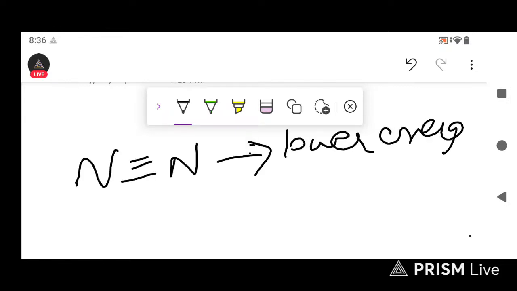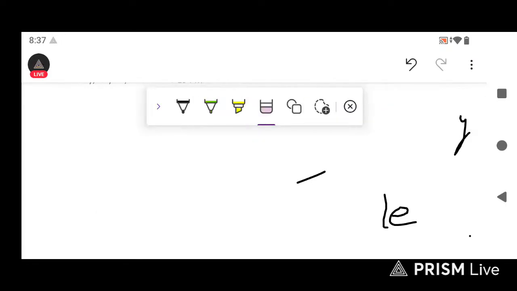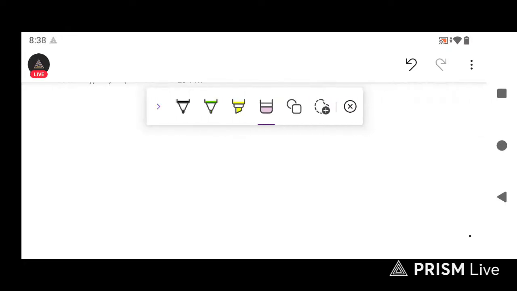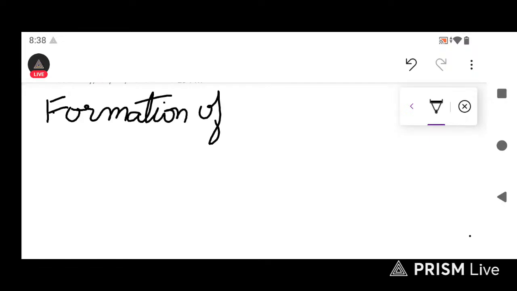Okay, to lower their energy, they bond. I will give you the example of oxygen, double bond oxygen, and the formation of covalent compounds.